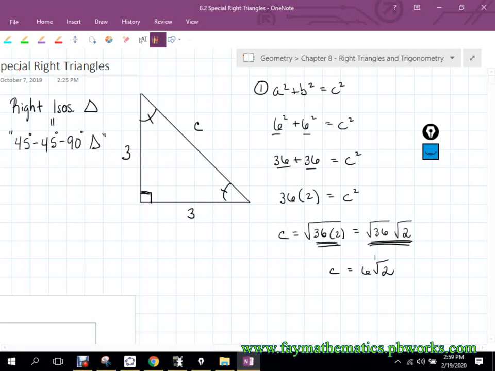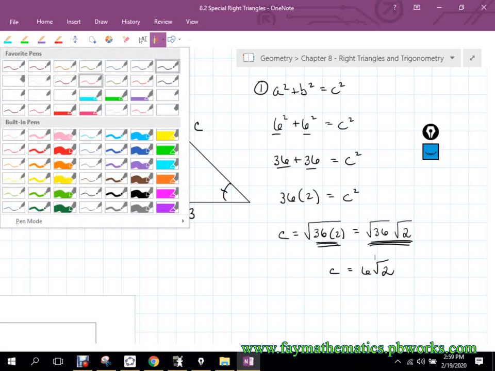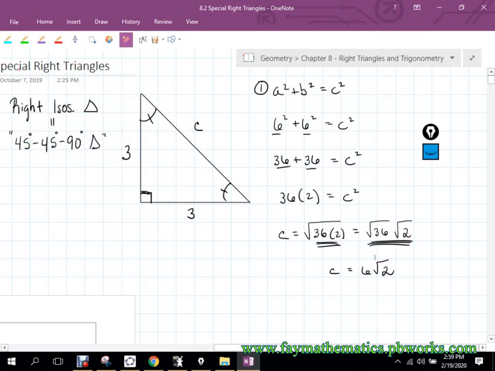I'm going to go through and replace this 6 with 3, that 6 with 3. So this 36 would actually be now what? Those two numbers would be 9, right? 9 plus 9. Is that going to be 9 times 2? That make sense? Can I rewrite this 36 then as a 9 there?